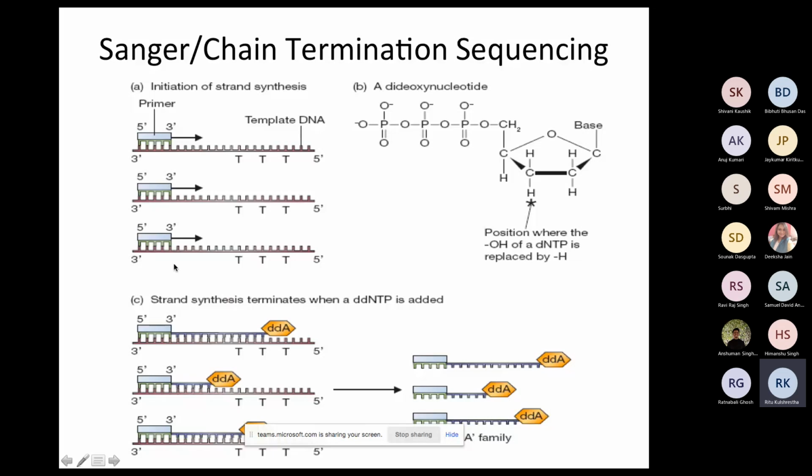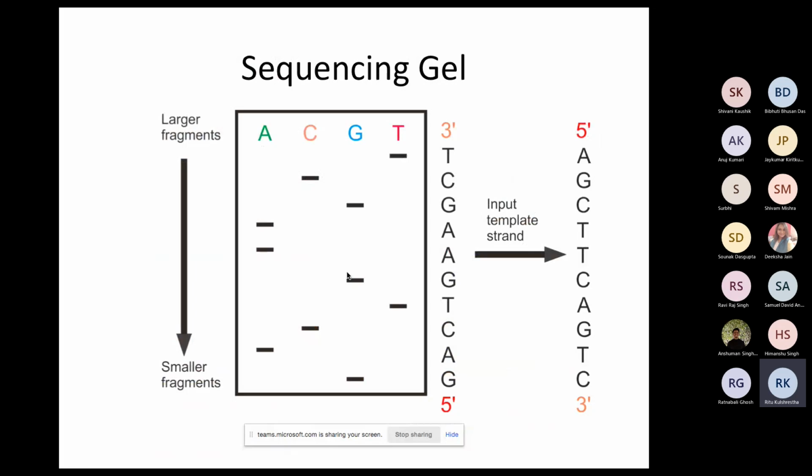So all of these will be ending in G, and those G will be complementary to a position where C was present in the original template strand. So in different tubes, I will have different fragment lengths, all ending in a particular nucleotide.